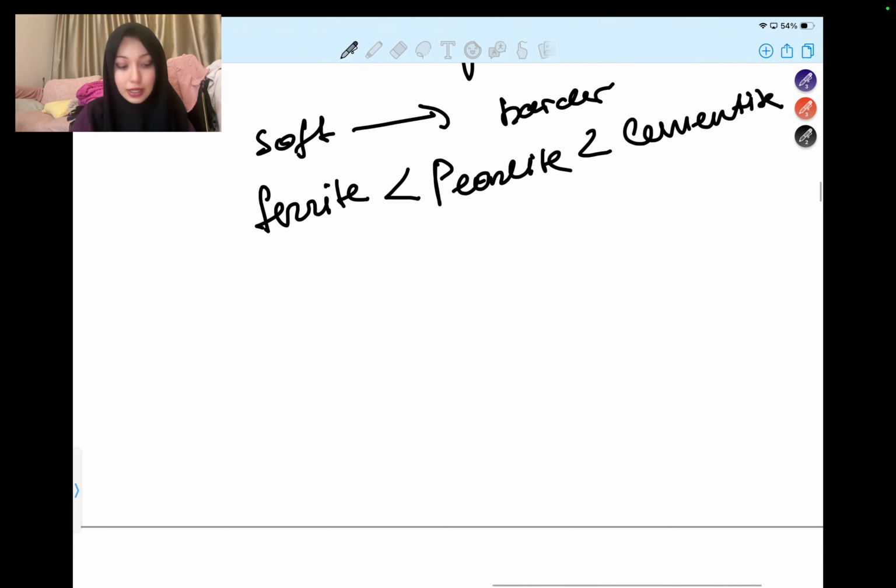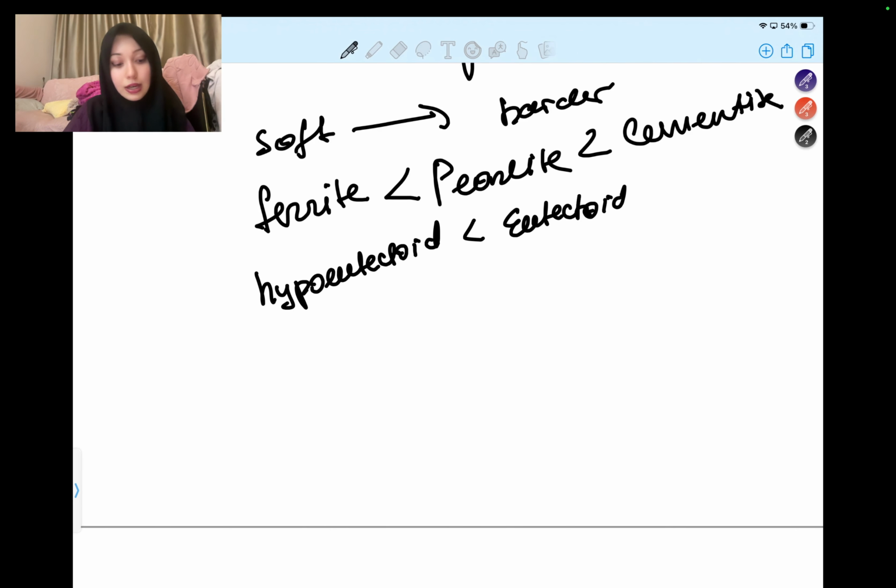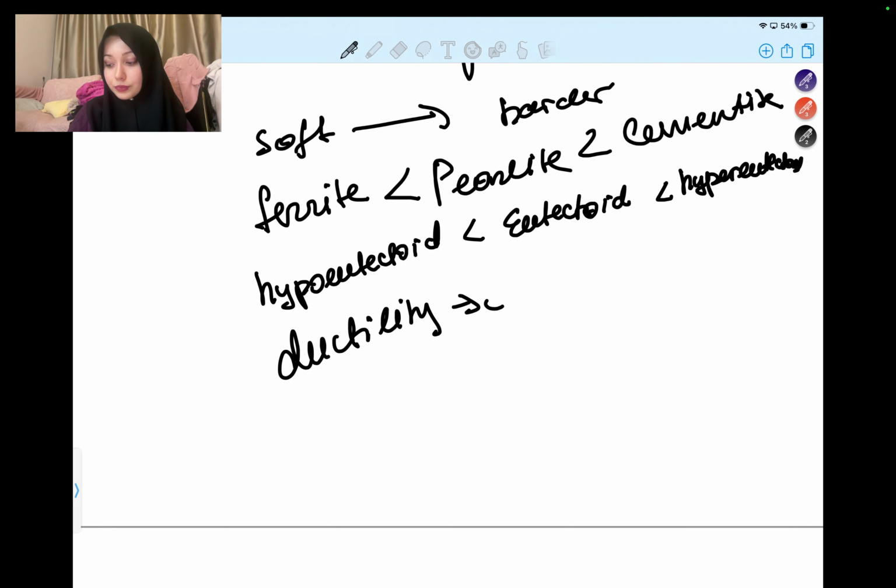And for steels, the softest would be hypoeutectoid, then the medium would be eutectoid, and the hypereutectoid would be the hardest one. But one thing to consider is that the ductility is opposite.